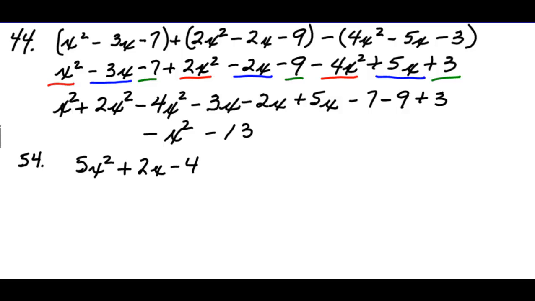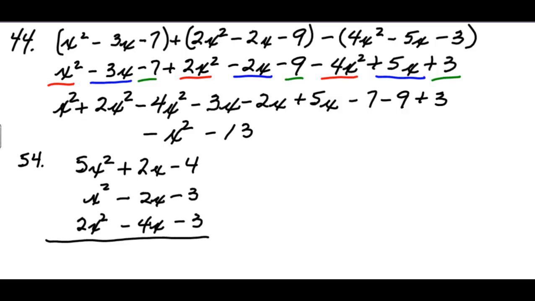And then the next one we're going to put just below it: x squared minus 2x minus 3. And then the last one is 2x squared minus 4x minus 3. That's doing it the vertical way.